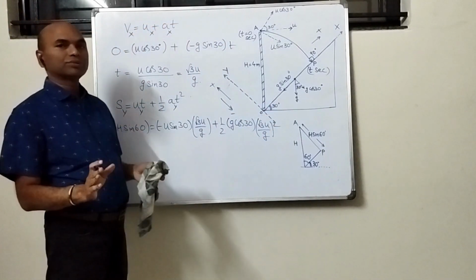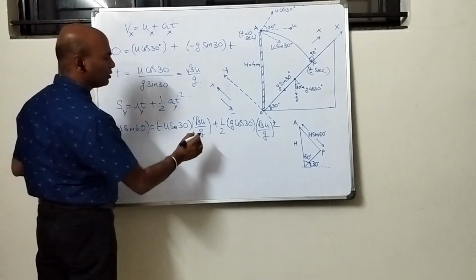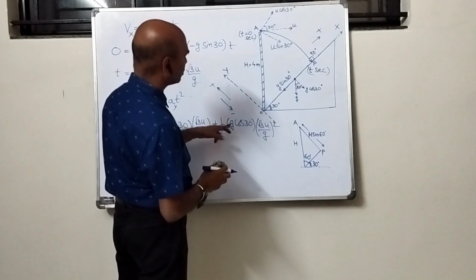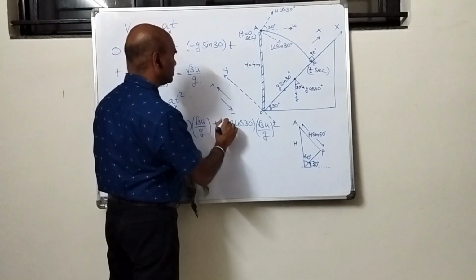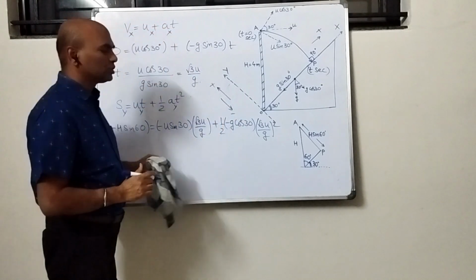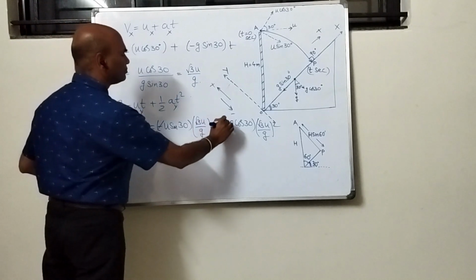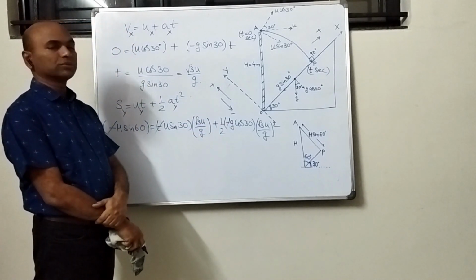Now we simply have to solve and we can get the answer. First of all, wait, just a minute. Here also g cos 30 must be negative because it is along the negative y-axis, so it must be minus here. The very first thing I can do is cancel the negative sign on both sides.